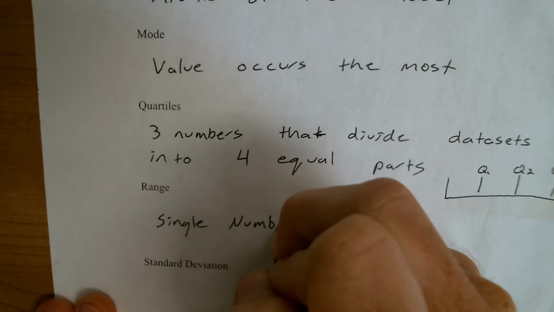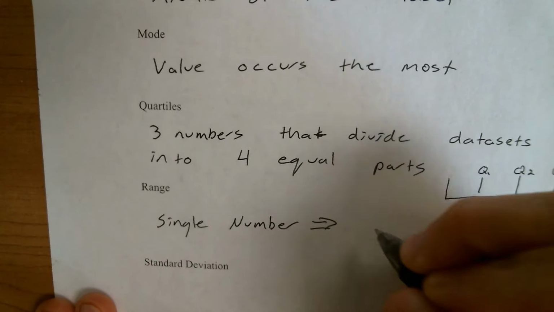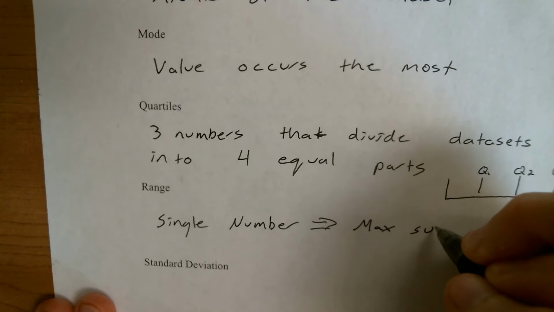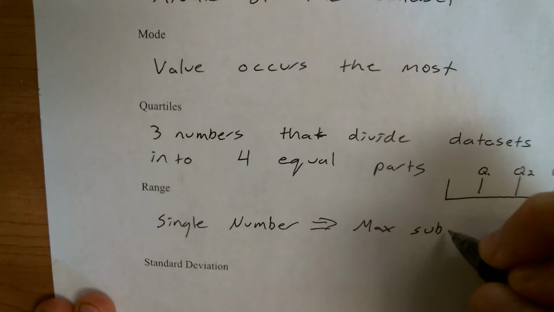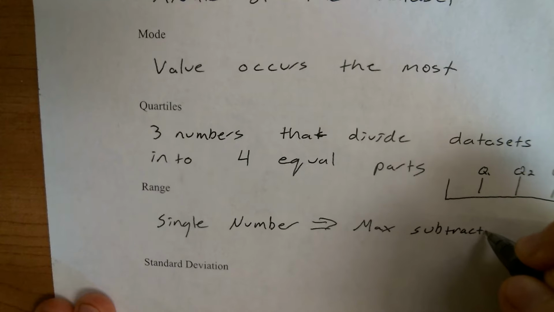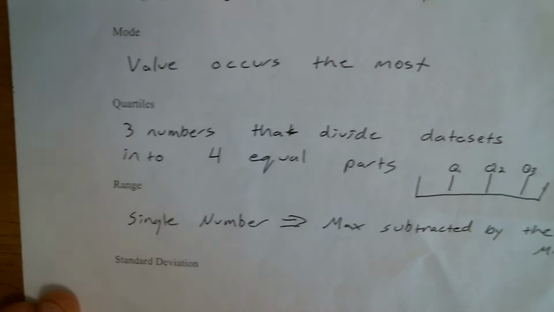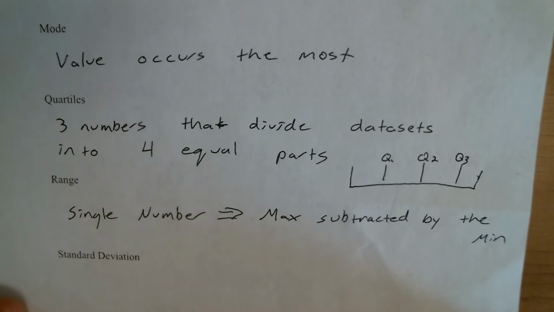All right, and that number is found by doing the max subtracted by the min. All right, so if I ever ask for the range, make sure you're not saying, oh, it goes from 2 to 10. Make sure in that same example, you'd be saying the range is 8 because 10 minus 2 equals 8.